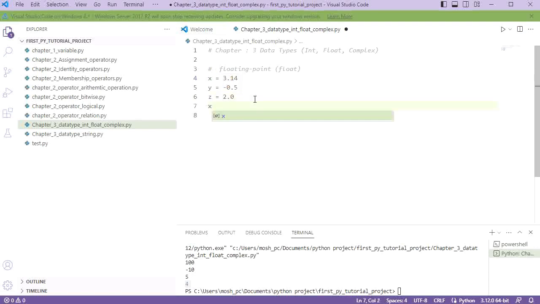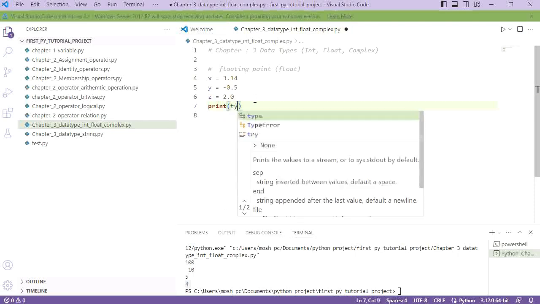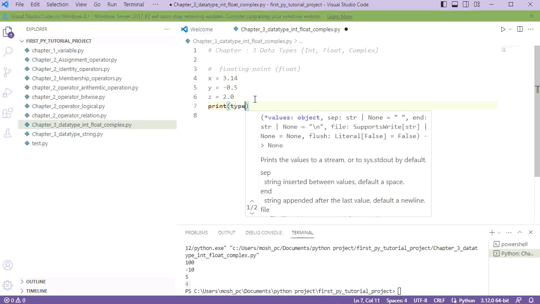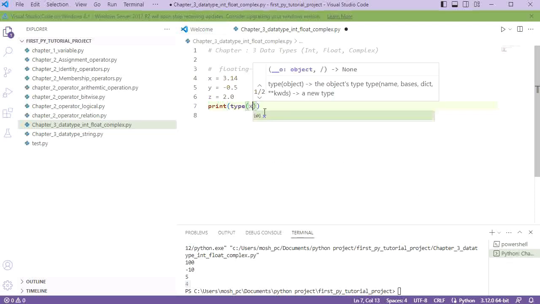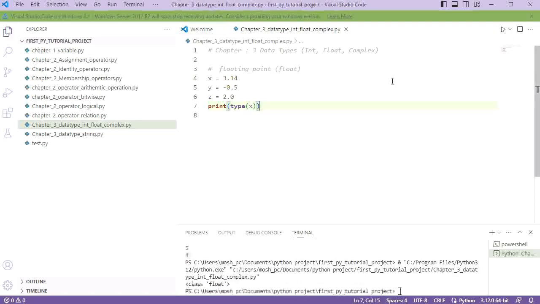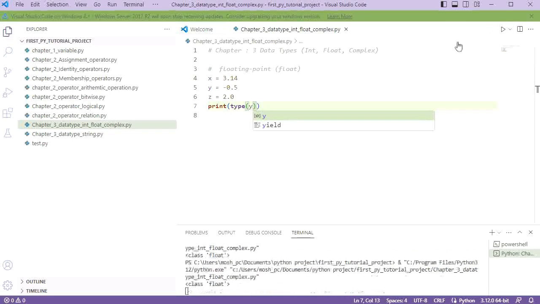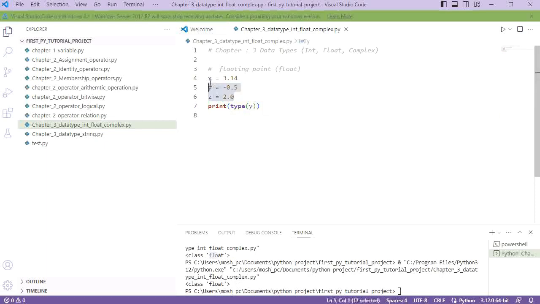Now let's check it. And again here we can use an underscore as a delimiter.